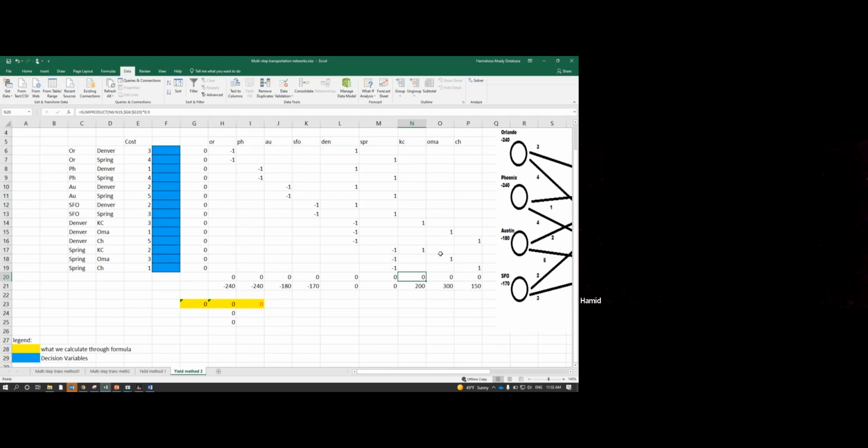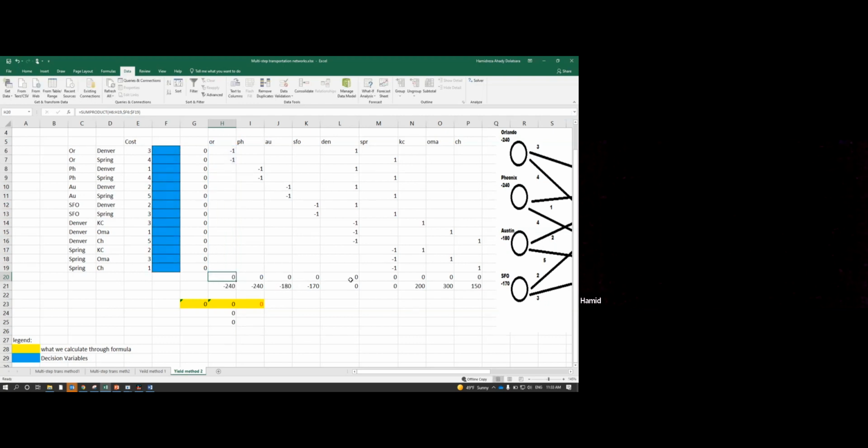But just keep in mind, when I formulate flow for a supply point, which is -240, -240 again, 180, and -170, I sum up these blue cells, because at each supply point I don't have loss since I haven't sent them yet.